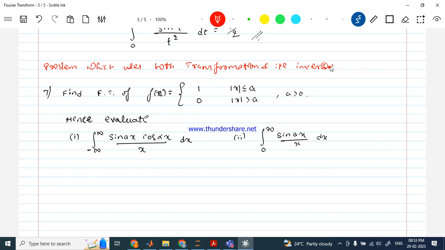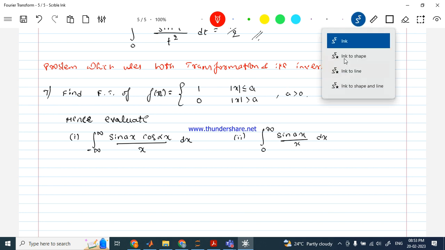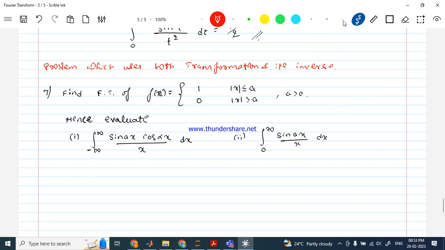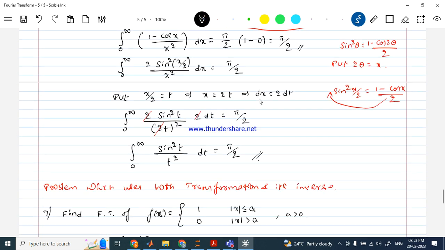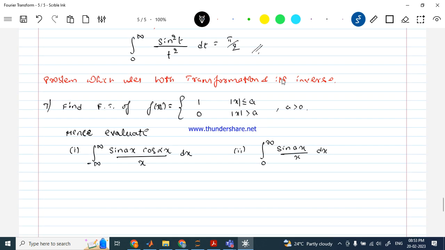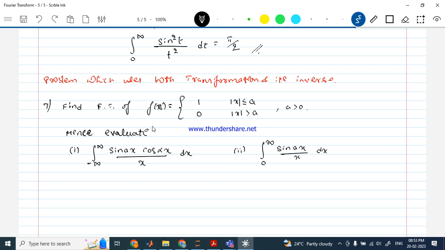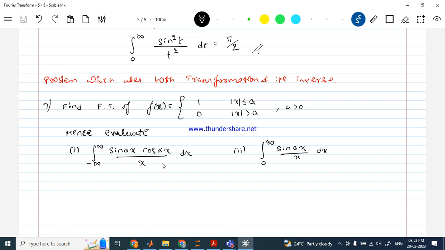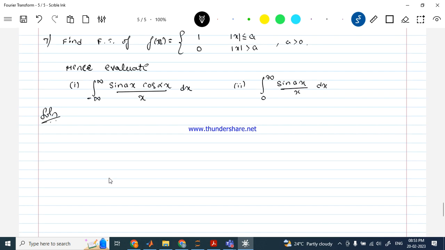We'll use both, just like the previous example. Even in the previous example, we used both the transformation and its inverse Fourier transformation for the reduction part. In general, keep it in mind: whenever the question is to evaluate or deduce something after finding the Fourier transformation or the inverse, in those problems you should use the Fourier transformation as well as its inverse for the reduction part. Okay, let me see how it works.